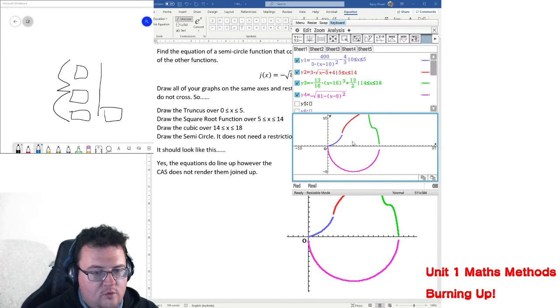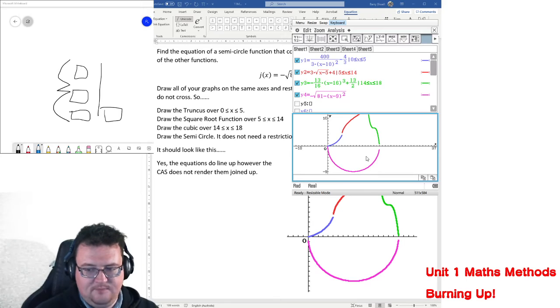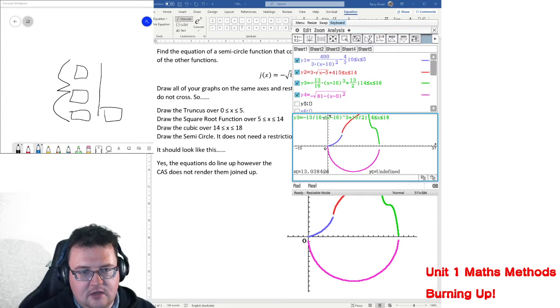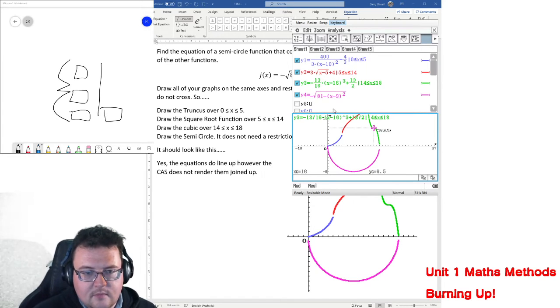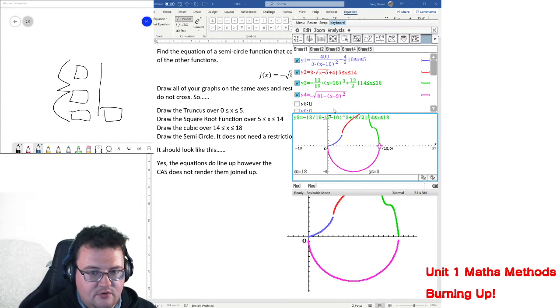Now, even though it looks like the CAS isn't overlapping, the graphs actually are, but that's just the way the CAS draws them. They would indeed connect if you were doing this by hand. Because if I go to the Y3 and I go to the value of 16, 6.5, if I go to the value of 18, it actually does say 0.